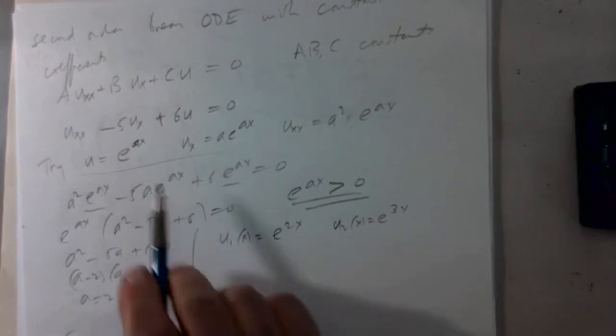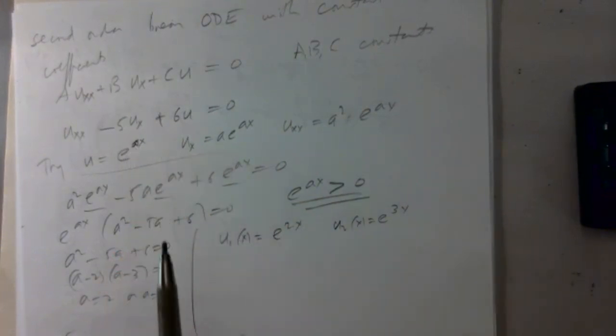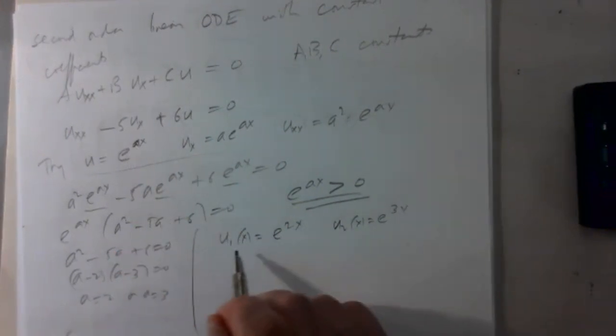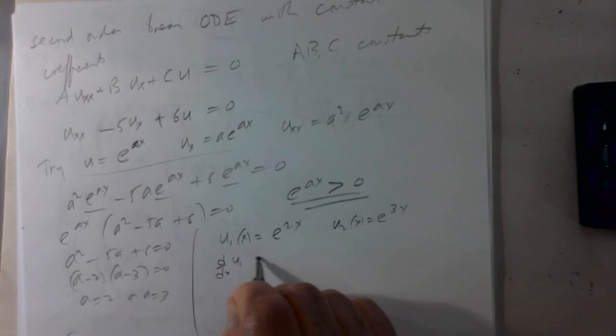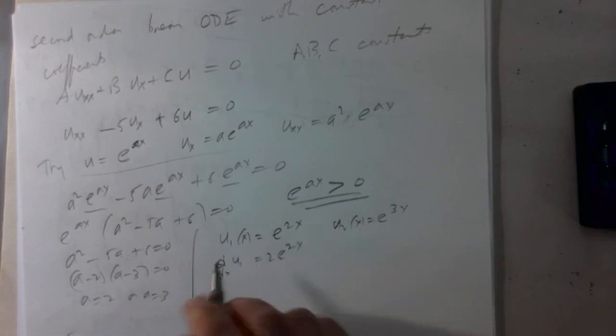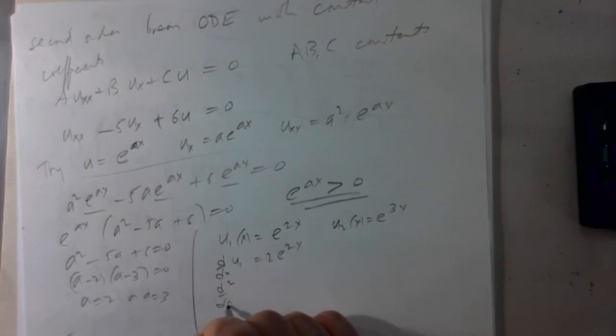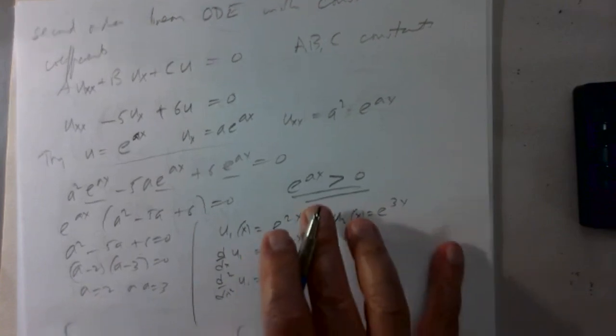I claim these are both solutions to this equation. Let's just check. If u1 is e to the 2x, when I differentiate once, I get 2e to the 2x. And when I differentiate a second time, I get 4e to the 2x.